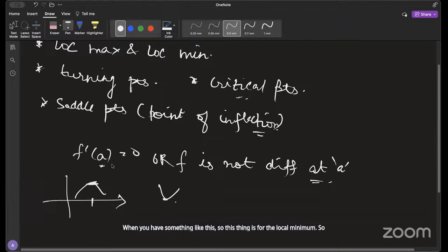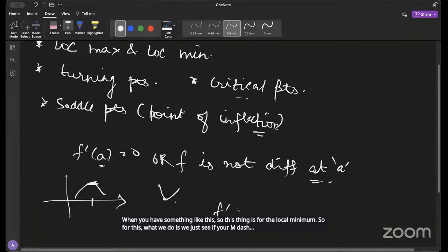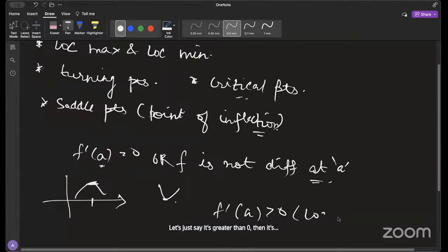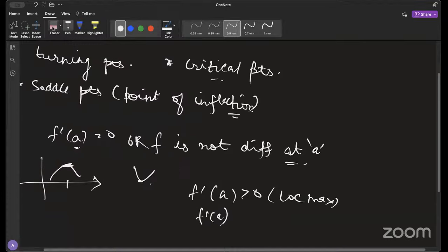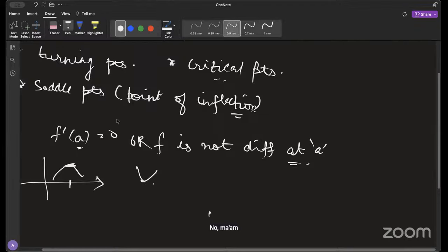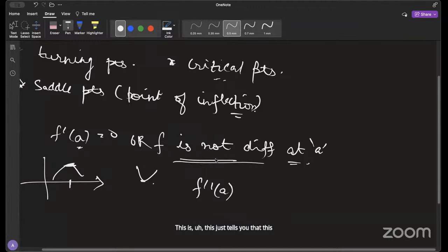For this, what we do is we see if your f dash at some point is, let's just say, greater than 0, then it's a local maxima, and otherwise, if it's less than 0, it's a local minima. To discuss local maxima and local minima, you try the second derivative. This just tells you that this is either a local maxima or local minima.